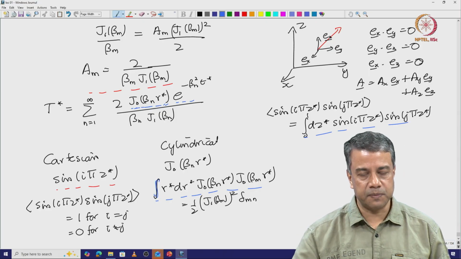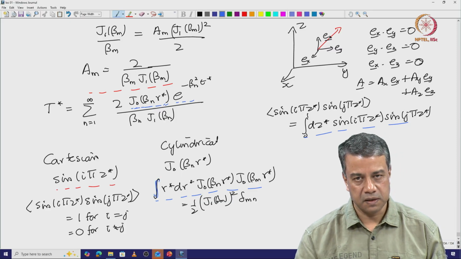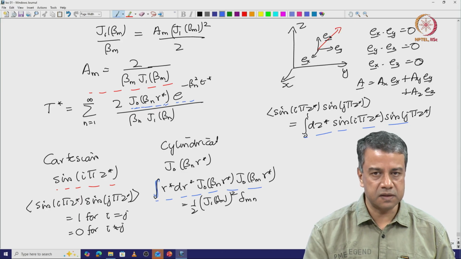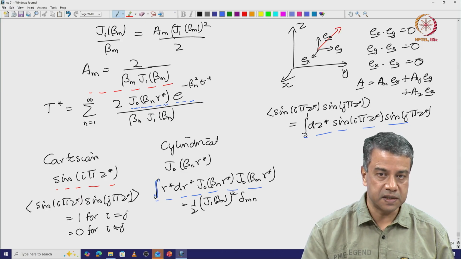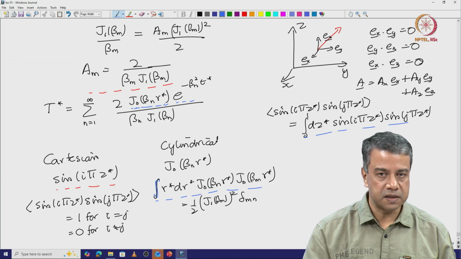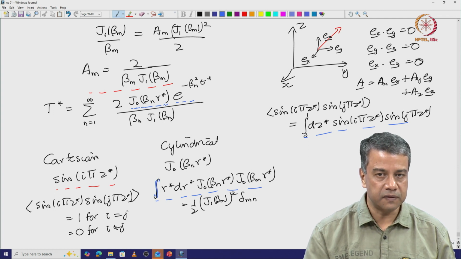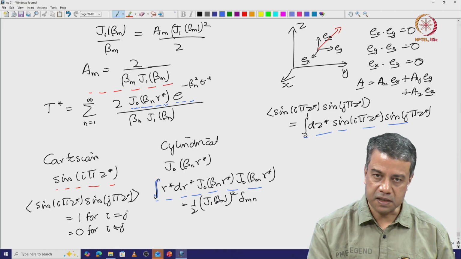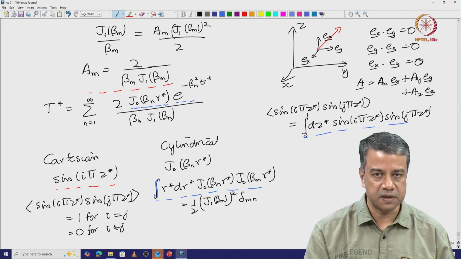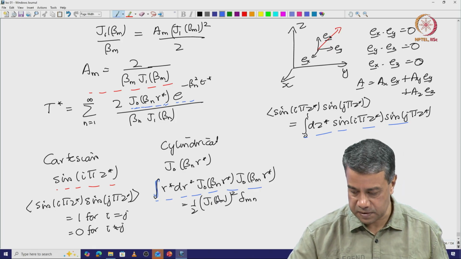So, basically we are separating out the initial condition into a series of functions with eigenvalues, either sine of i pi z or j naught of beta i z. Each of these has its own relaxation rate. So, at any time t you multiply that particular function by its relaxation rate and sum over all of these functions. Any function can be represented as a sum of these functions because these form a complete and orthogonal function space. So, that is the fundamental principle over here.